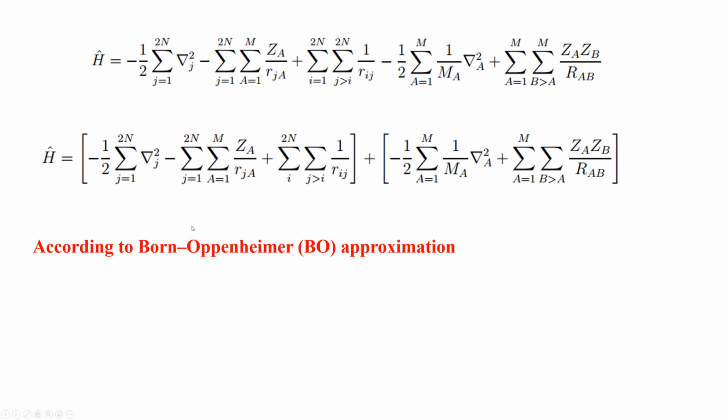According to the Born-Oppenheimer approximation, which is the approximate separation of variables, we assume two things here. The first assumption is the nuclei are held fixed. Simply, this term equals 0. Why? Because the nucleus is almost 1848 times heavier than an electron.